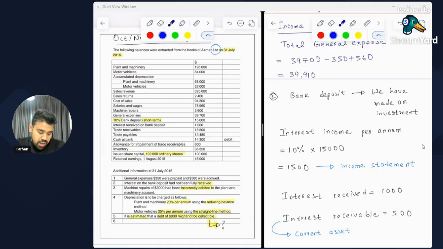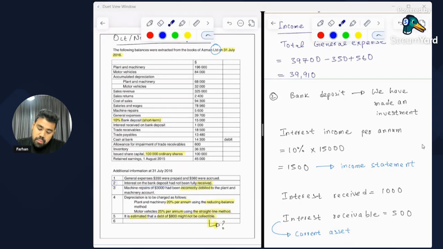So based on the additional information number 2, interest on the bank deposit had not been fully received. The reason it is an investment is because of this last word, full receipt, which is pointing towards the fact that we expect to earn some interest from this investment, which is interest income.